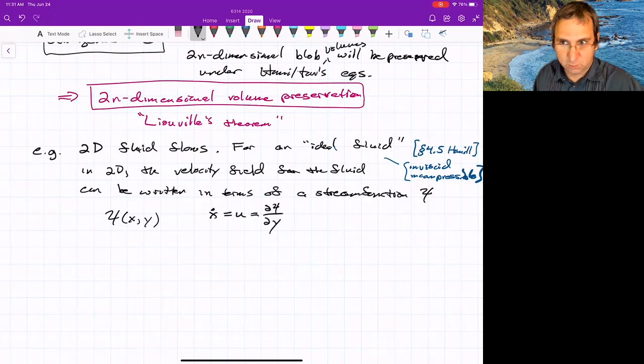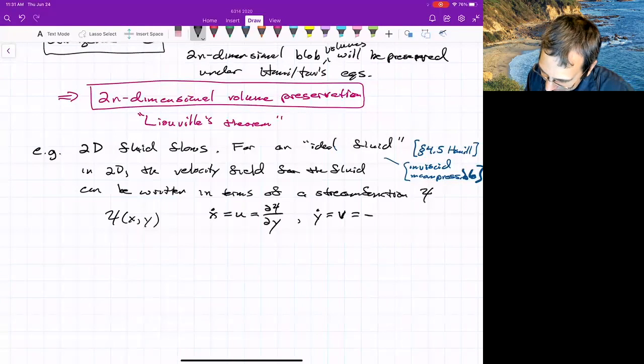So it's a partial derivative of the stream function. y dot, the y velocity, we often write it as v when we talk about fluids, but following Hamilton's canonical equations, this is going to be negative partial psi, partial x.